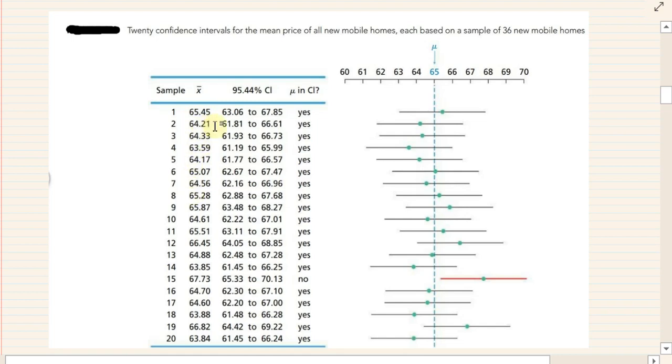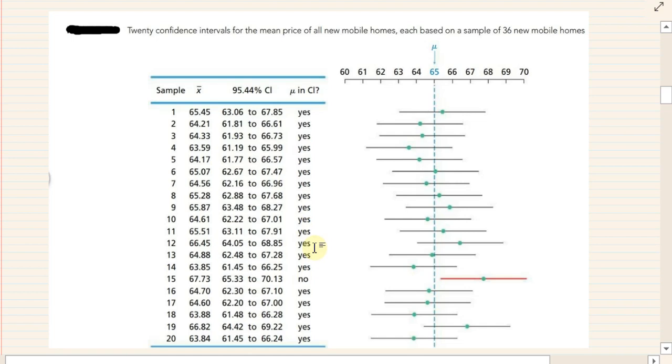So second sample will give you that confidence interval. The third one, this is a confidence interval. Notice the confidence intervals themselves change from sample to sample. Now, if you look at the ones that contain mu, $65,000, the first one does, second, third, fourth, all of these, yes, means the mean is in there.